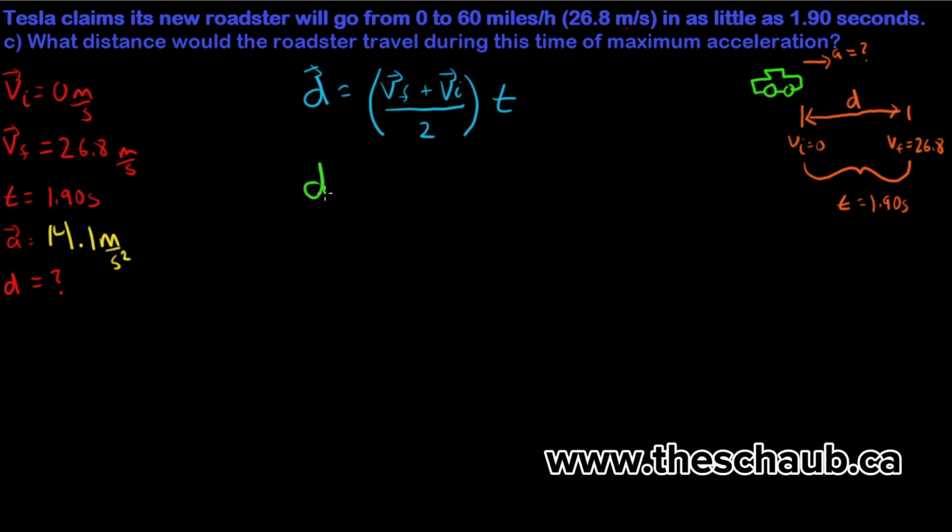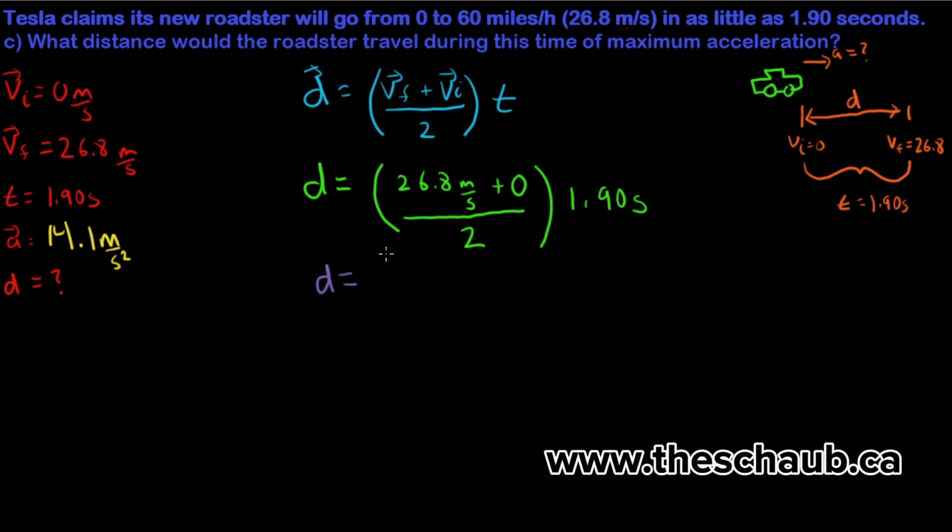We're looking for our d here. Our velocity final is equal to 26.8 meters per second. Our velocity initial is equal to 0. We divide this by 2, and we multiply it by our time, 1.90 seconds. We can clean this up a little bit by rewriting it without our 0 term.